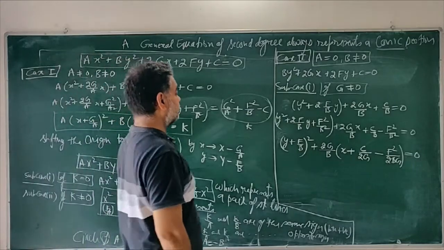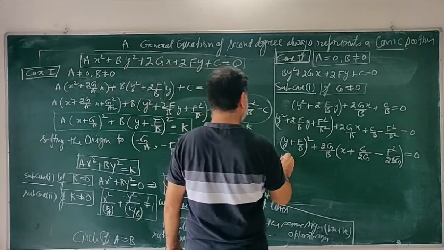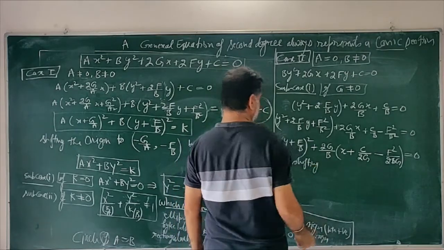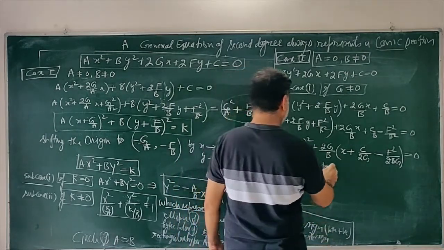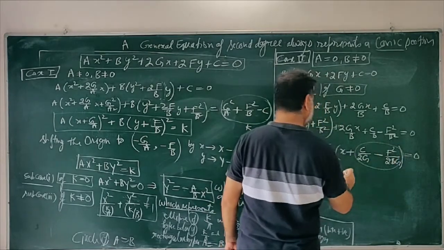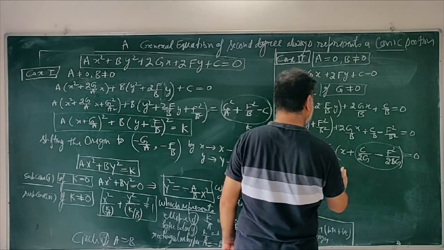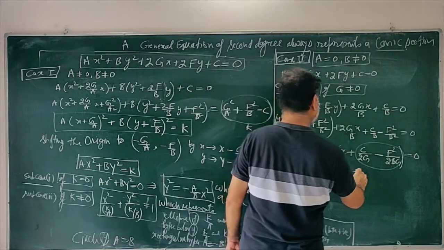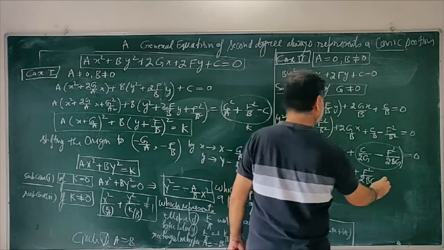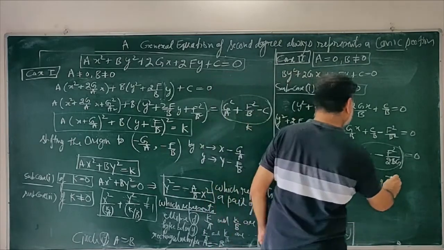Alright, and if you shift the origin, now shifting the origin to minus of this expression, this is minus c over 2g plus f square over 2bg, and minus of this is minus f over b.